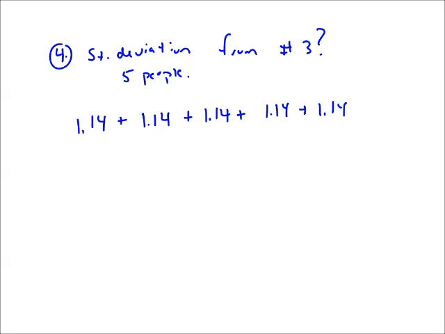You're not allowed to just add standard deviations. You can't add standard deviation, but you can add variances. So you have to square it. The problem is this will give you not the standard deviation, it will give you the variance. So 1.14 squared, 1.14 squared times 5 is 6.498.